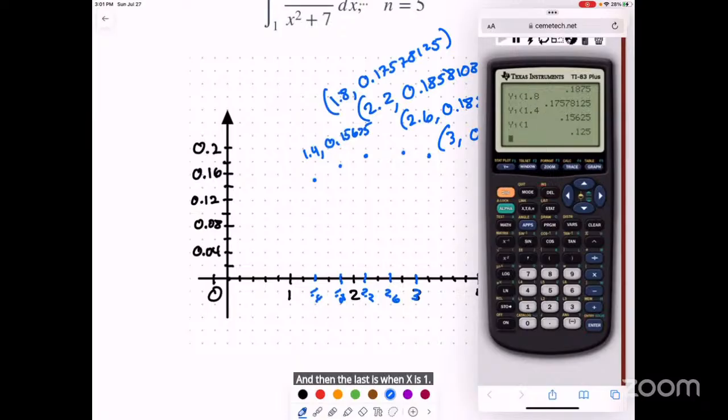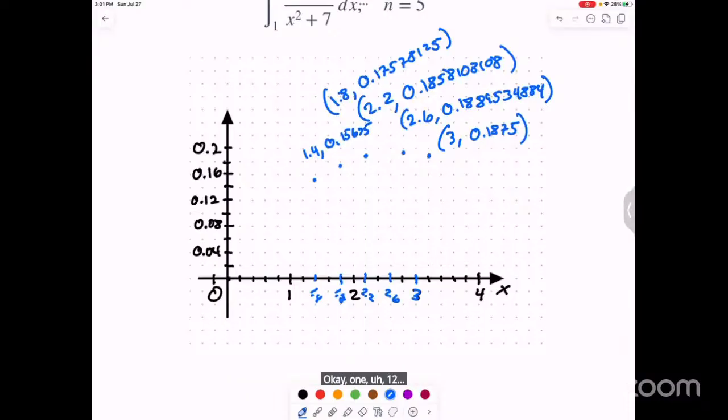Okay. 0.125. Right here, that's 12, that's 14, 13, so about there.